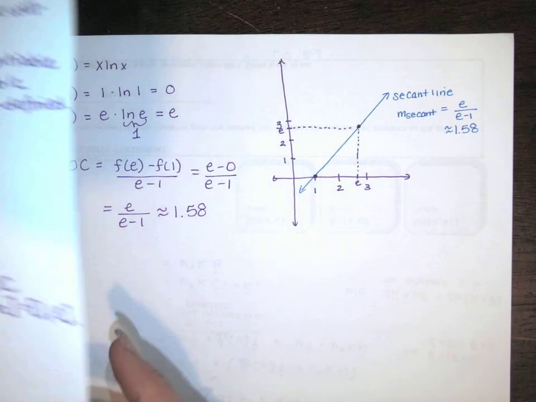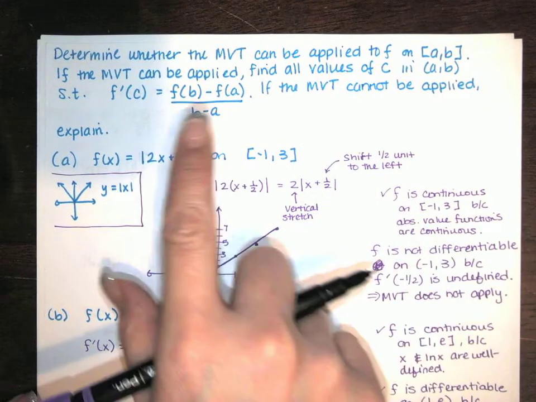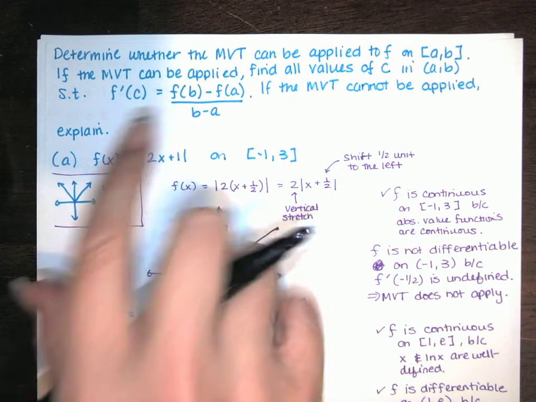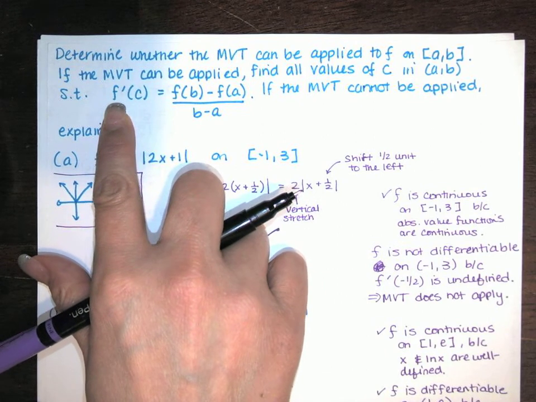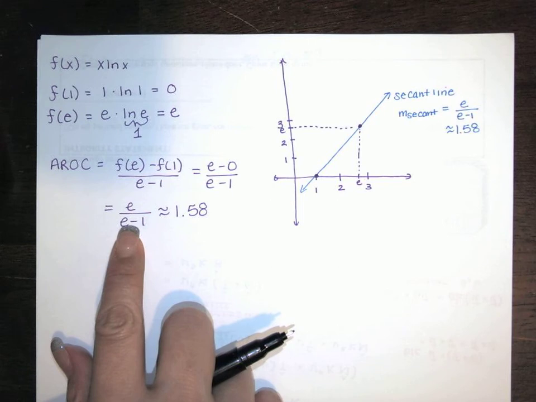Now, we're guaranteed by the mean value theorem that there's some x value on the interval from a to b, which is 1 to e in our case, where the slope of the graph at that x value is equal to this value.